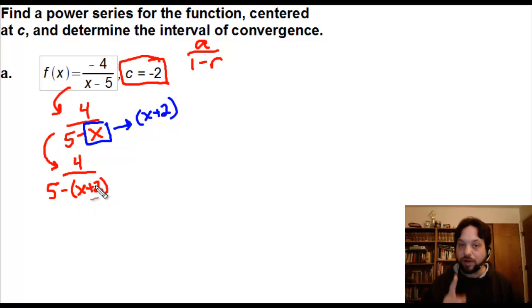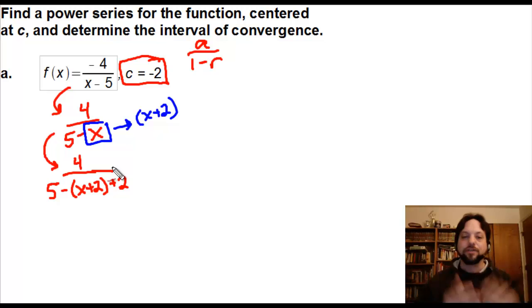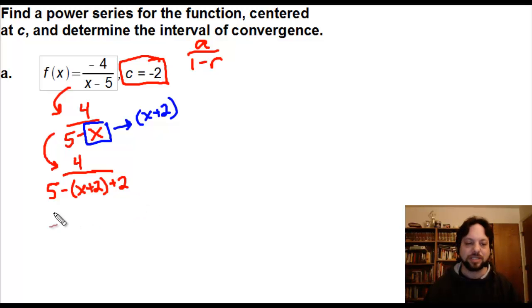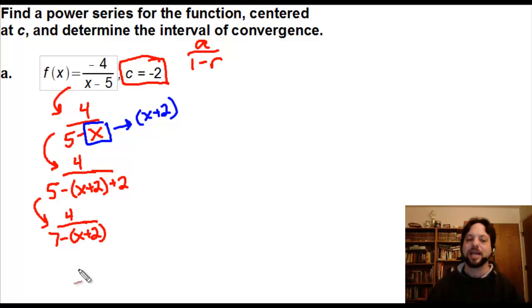Now, be careful. I did not just add 2. Because of the minus sign in front, I actually just subtracted 2. To make up for that, I am going to add 2 just to restore balance. Feel free to simplify the denominator and see that I'm not just blowing smoke here. If I combine my like terms, what I'll have so far is 4 over 7 minus quantity x plus 2.